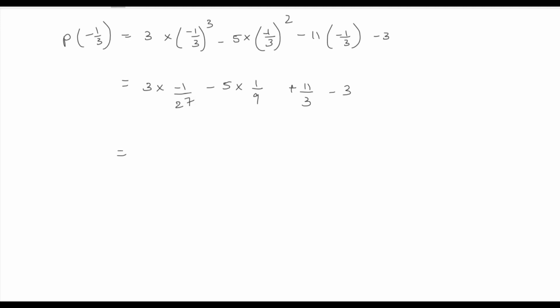On further solving, you will get 3 1s are 3, 9s are minus 1 by 9 minus 5 by 9 plus 11 by 3 minus 3. By doing LCM, you will get LCM as 9. This will be minus 1 minus 5 plus 33 minus 27. On further solving, we will get 33 minus 27 is 6. 6 minus 6 is 0 by 9.